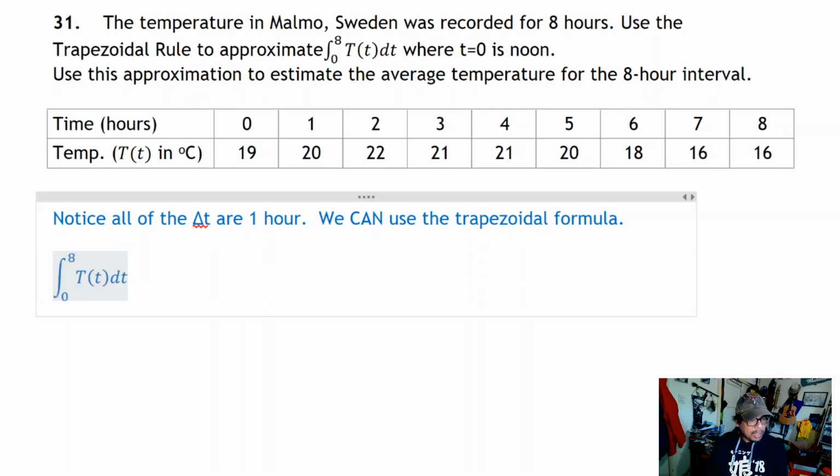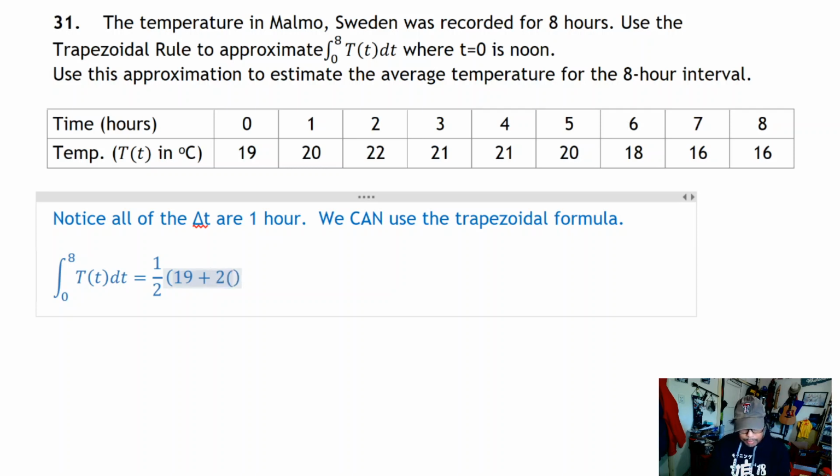Okay, for the trapezoidal formula, we're going to multiply 1/2 by a very long sum. We're going to take the very first number, 19, and keep that alone. We're going to multiply all of the other interior numbers by 2.